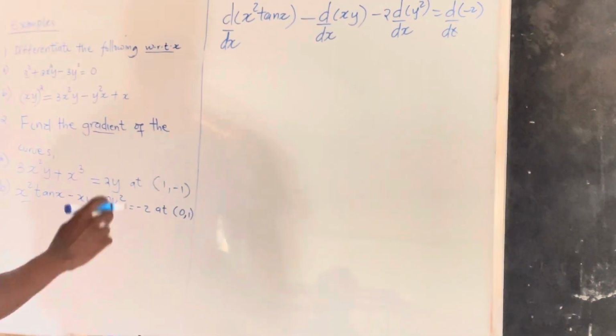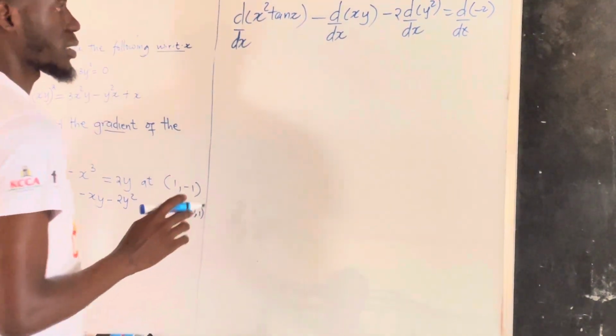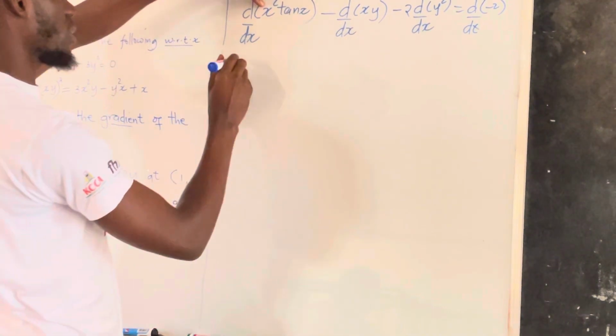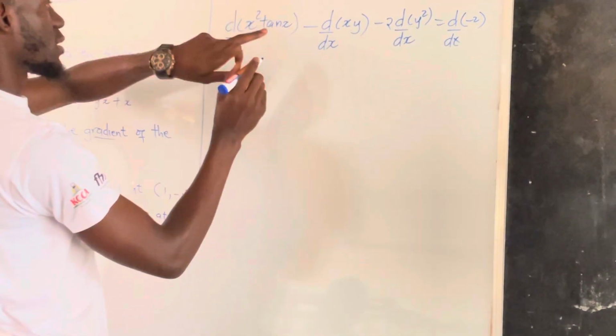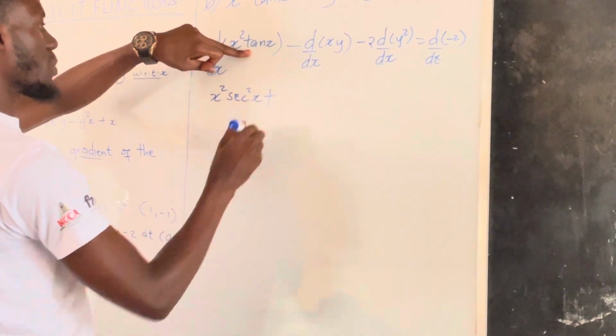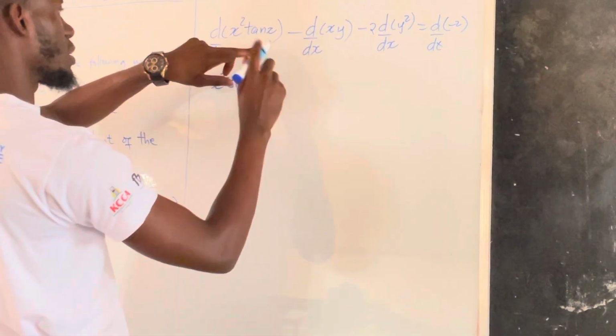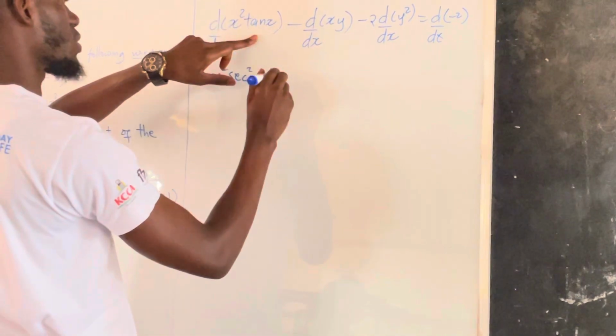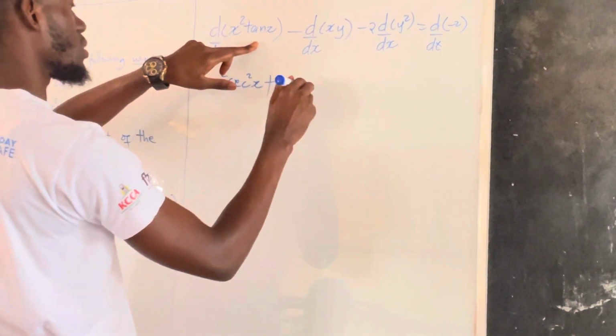This is a product. When we differentiate using the product rule, we keep x squared constant, then we differentiate tan, which will give us sec squared x, plus, we keep the tan constant, differentiate x squared, which will give us 2x.